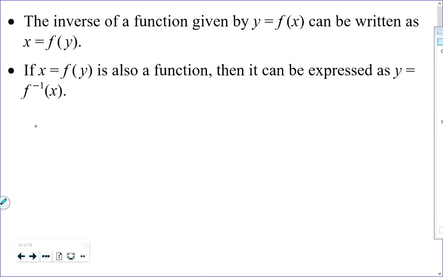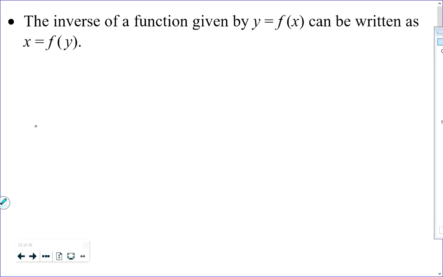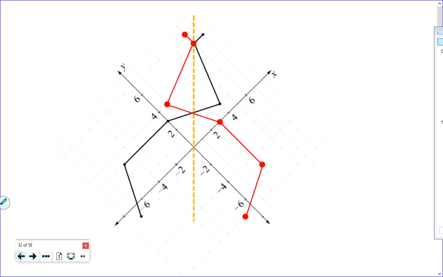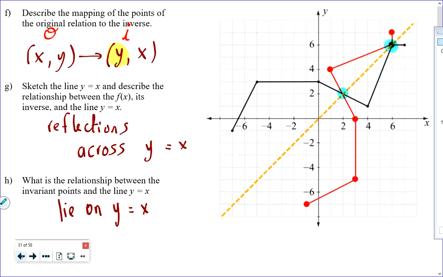All right. So now we have to deal with some notation. How do we write the inverse? Well, you can add this to your diagram now. This, the original, is f of x equals y, which is not new notation to you. That's how we write a function, y equals f of x.